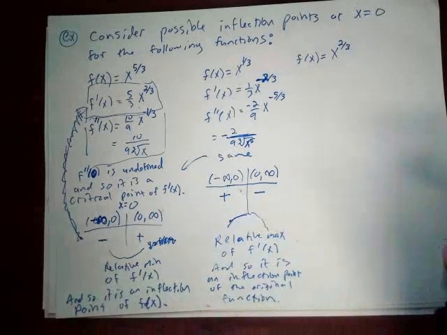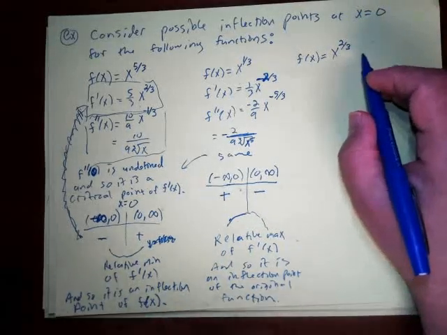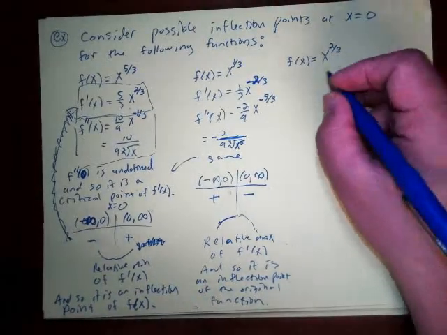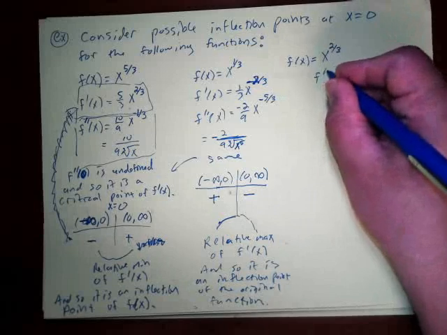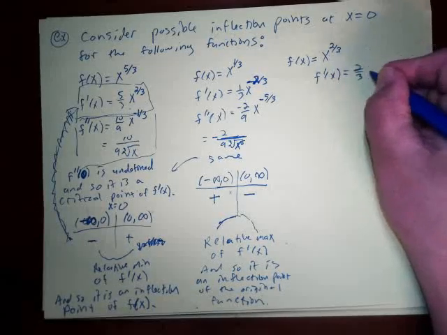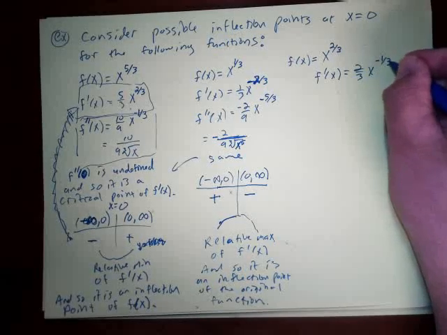Okay, so let's look at this last one and see why this is going to be a little bit different. So now I'm going to take the first derivative, and I get 2/3 x to the negative 1/3.